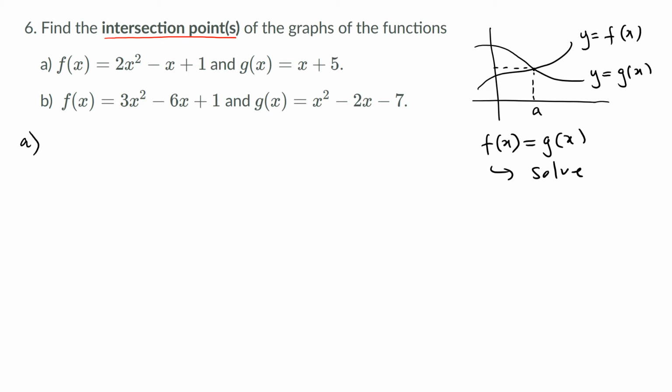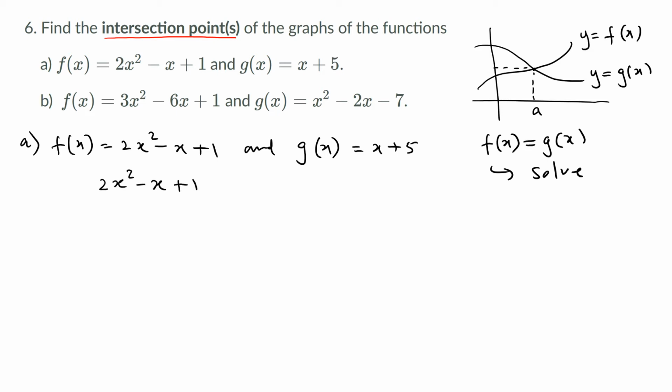We have f(x) equal to 2x squared minus x plus 1, and we have g(x), which is x plus 5. Since we are looking for intersection points, we set them equal. So if you set them equal, you get 2x squared minus x plus 1 equals x plus 5. So that's the first step.